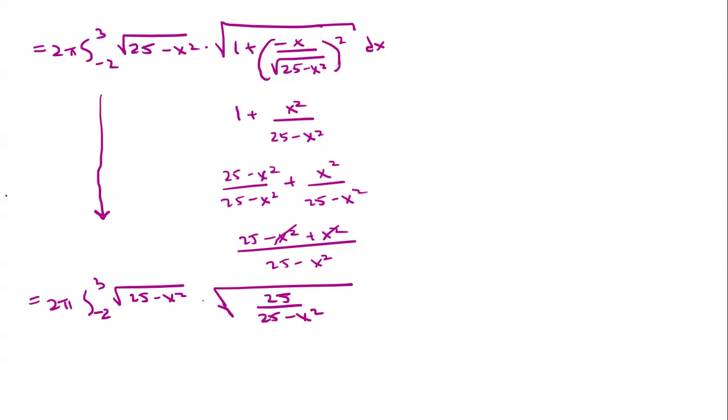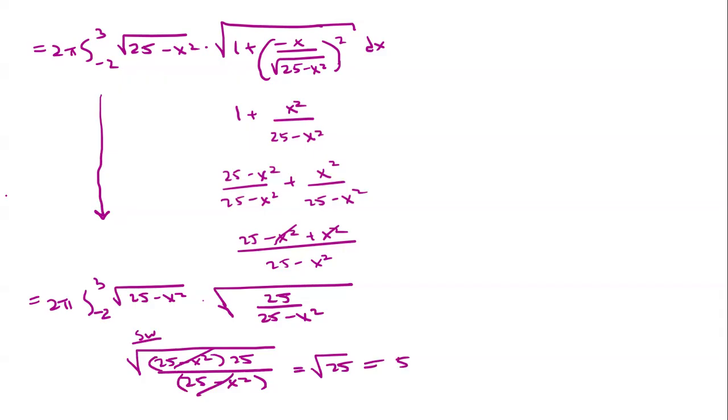Since both of these are under the radical, I can combine them as one big radical: 25 minus x squared times 25 divided by 25 minus x squared. Notice that the 25 minus x squared terms are just going to cancel. That leaves us with the square root of 25, which is just 5.